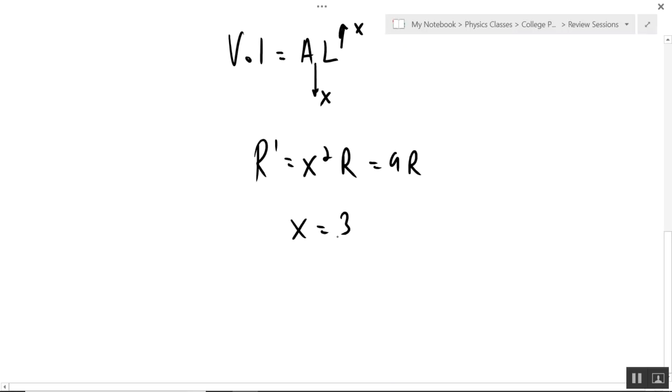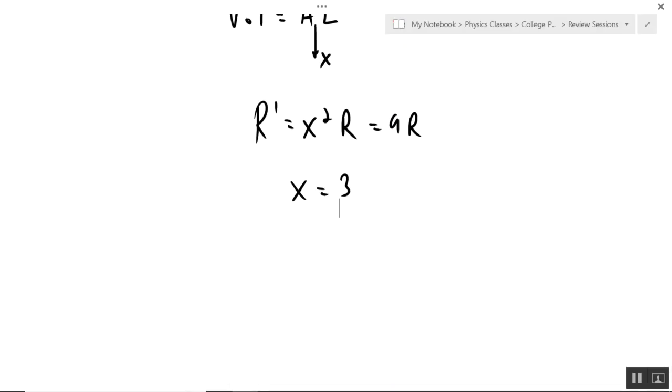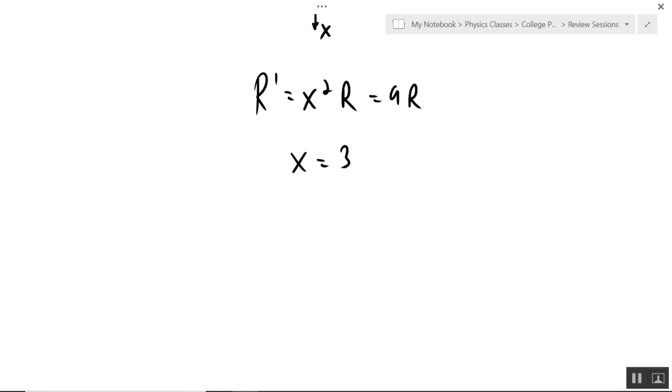And we're making it 3 times longer, not shorter, right? That's how you make the resistance bigger, by increasing the length and decreasing the area by 3. So we're doing two things. We're making the wire 3 times longer and 3 times more narrow, right? But the question is, what's the length? So the new length is 3 times the old length.